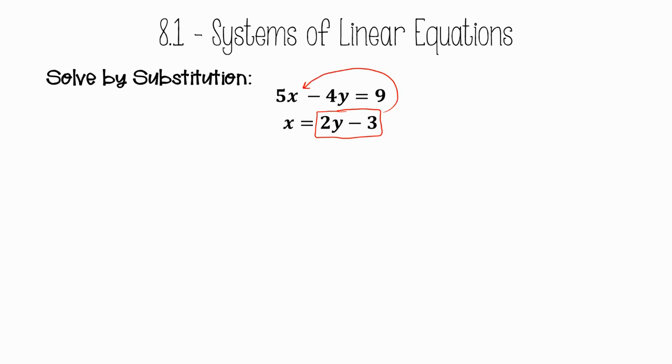So then I will have, I'm going to write over to the side here, 5 times (2y minus 3) minus 4y equaling 9. Now you have one variable, so we'll go ahead and solve.